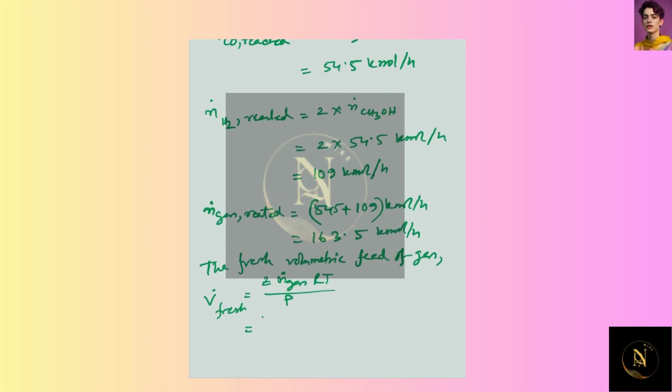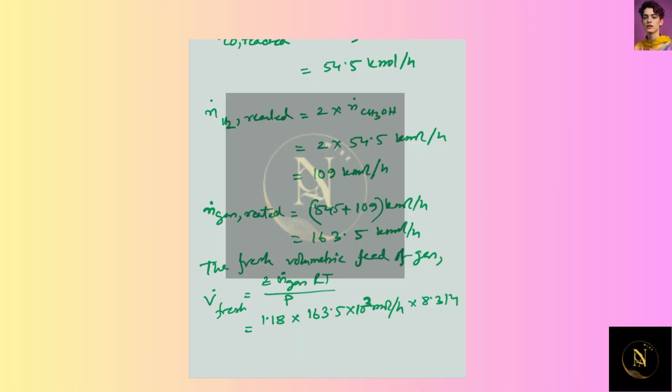Let's insert all the values. 1.18 multiplied by the gas constant multiplied by the number of moles, which is 163.5 multiplied by 10 cube mole per hour.